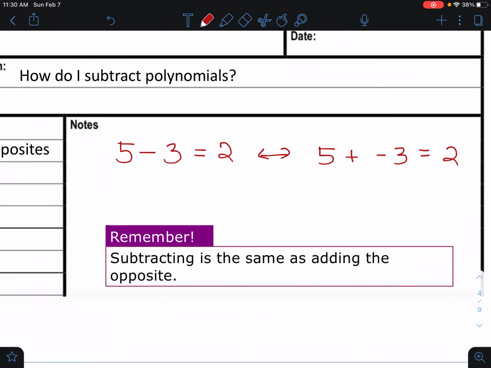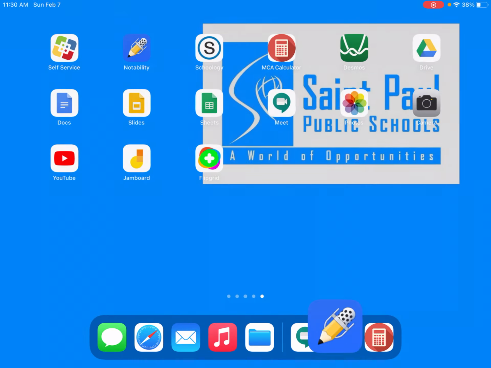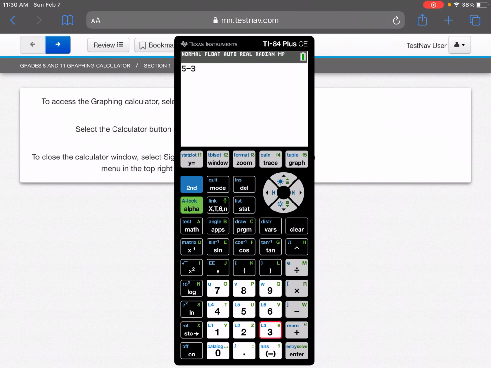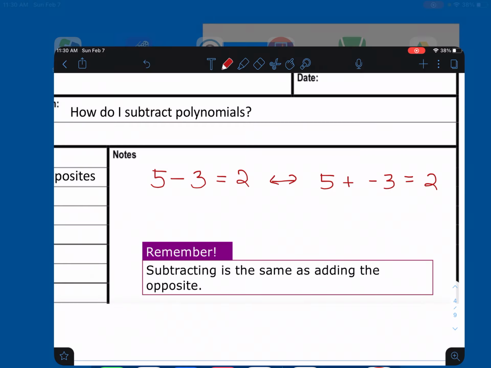If you don't believe me, let's take a look. So I'll use my graphing calculator here. 5 minus 3, 2, okay? 5 plus -3. Notice still 2. These are the same thing. So this is a different way to write it.